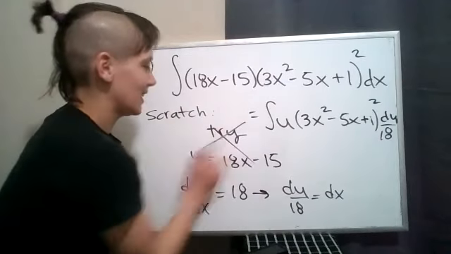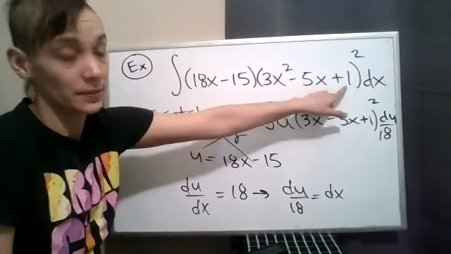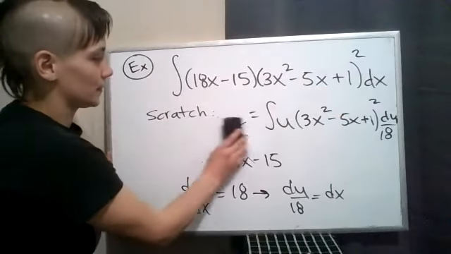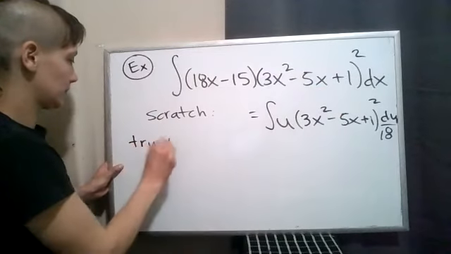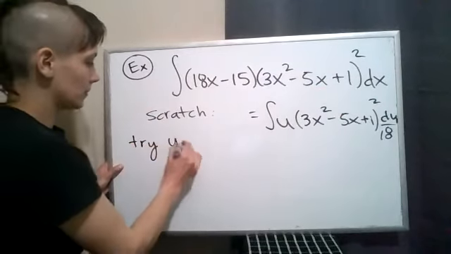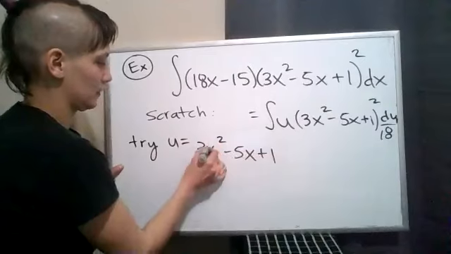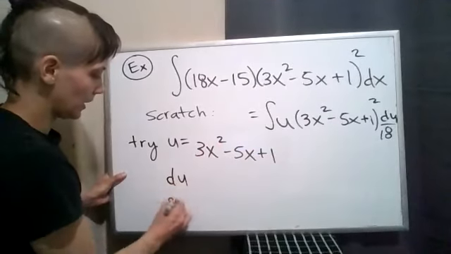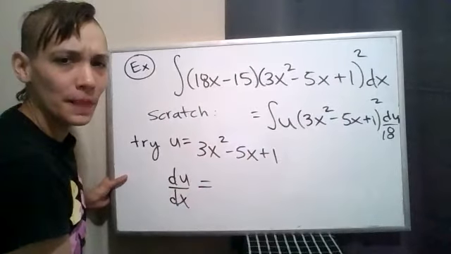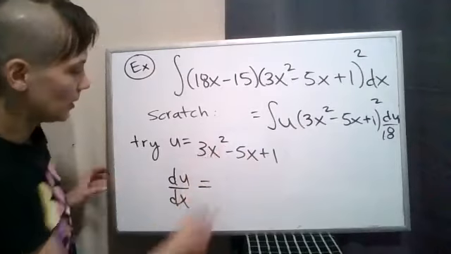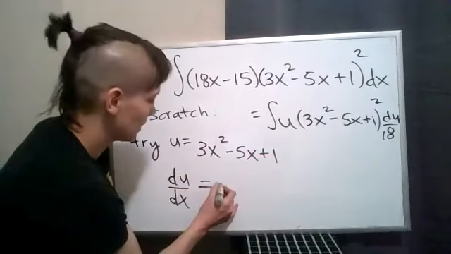I'm just going to try u equal to this piece, 3x squared minus 5x plus 1. du dx is 6x minus 5.